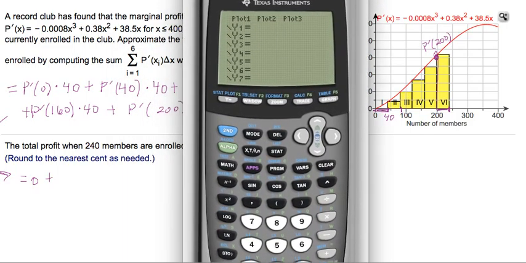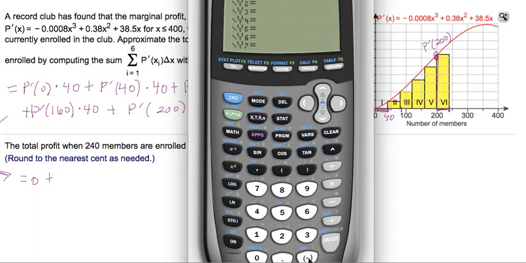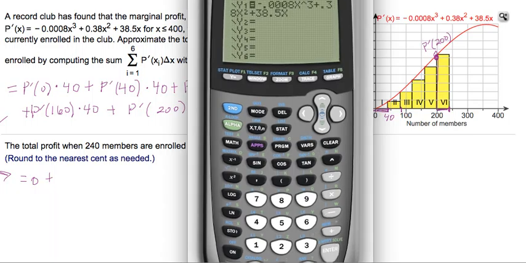So I've got y equals negative 0.0008 x cubed plus 0.38 x squared plus 38.5 times x. Okay, there's my function in the y equals.